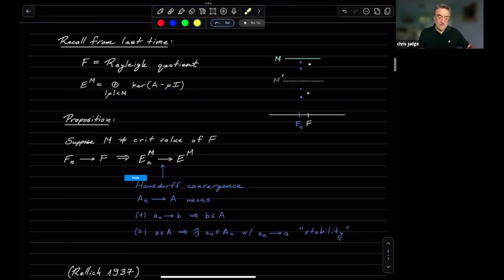Also recall from last time, F was a ratio of quadratic forms, a Rayleigh quotient.